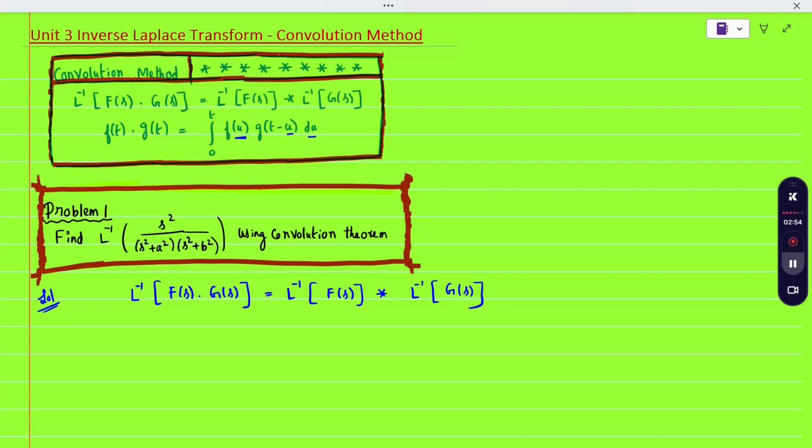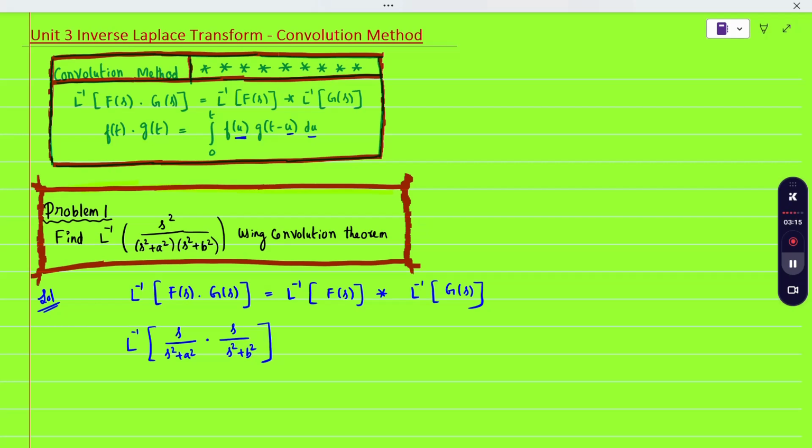Now separate the question. According to our question, f of x you write s divided by s square plus a square, because I have an s square term. Then one more s divided by s square plus b square. After writing, check in the question that both are the same. Multiply and check, then only you proceed.